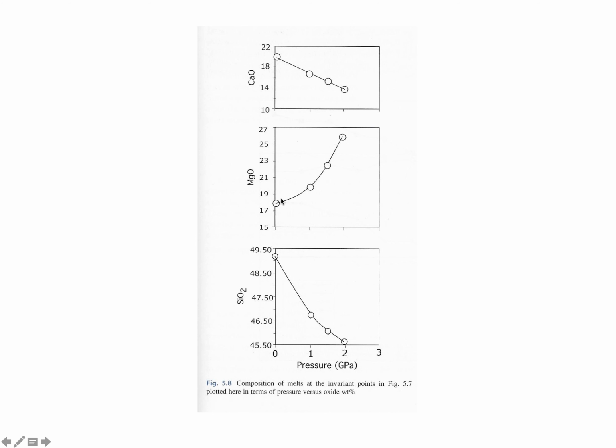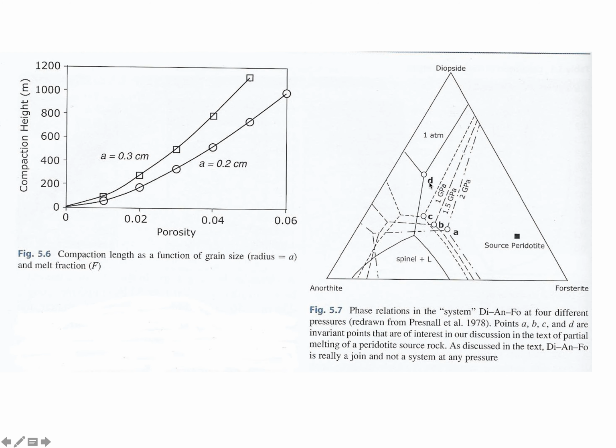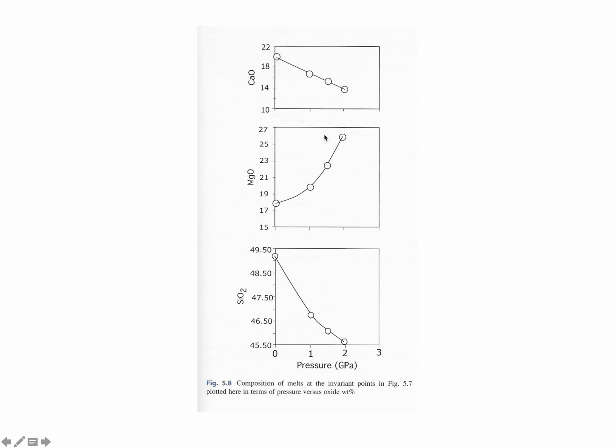At lower pressure it has less magnesium inside because less olivine is formed, but it is more rich in silica and in calcium, and that is due to the fact that we are melting more anorthite compared to forsterite. When we are going to higher pressures, then we have more forsterite in the system, and our magnesium concentration rises as well.